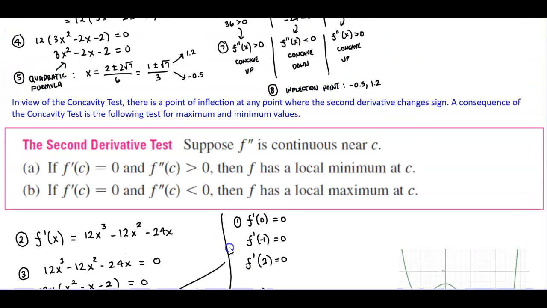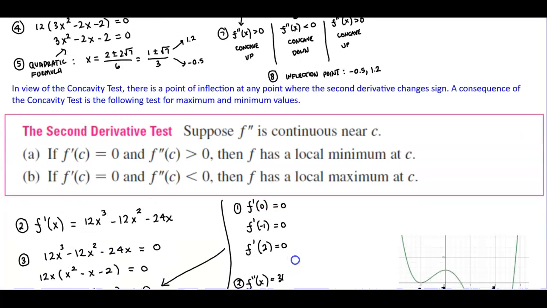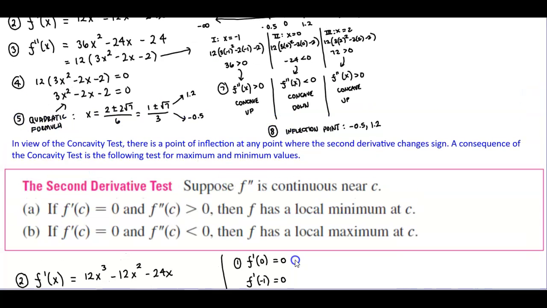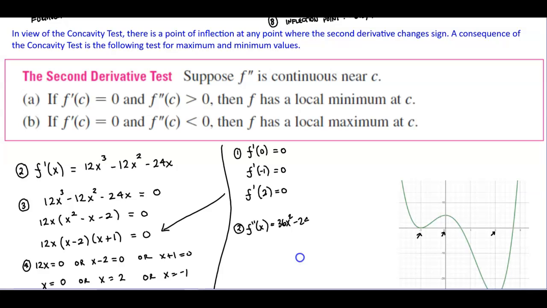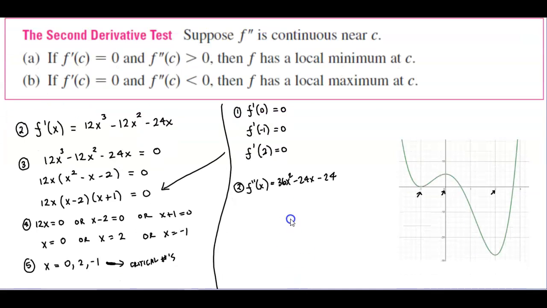The second derivative from up here was 36x squared minus 24x minus 24. So let's plug in f double prime of 0. We get 36 times 0 squared minus 24 times 0 minus 24, and that is equal to -24.